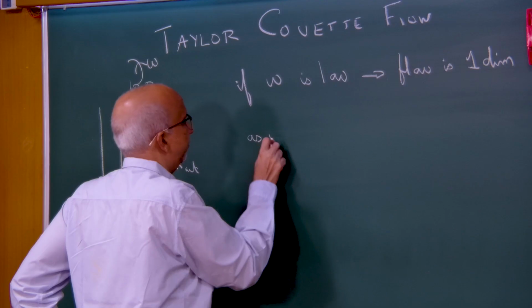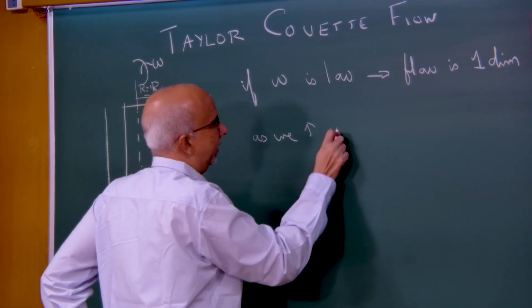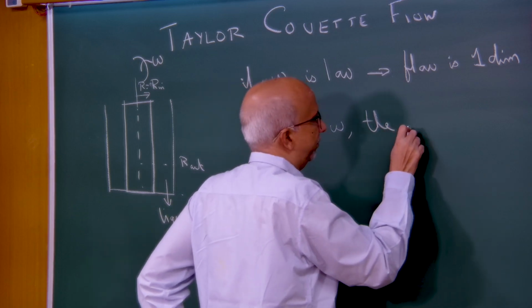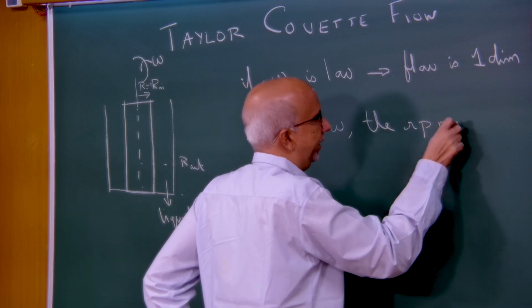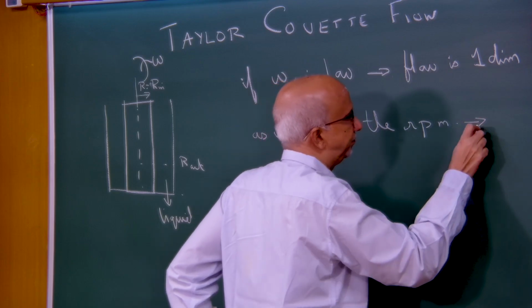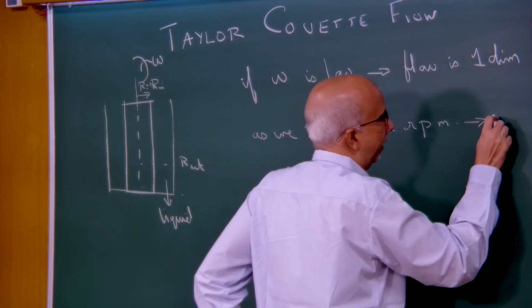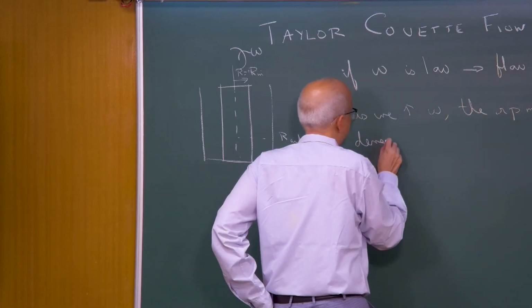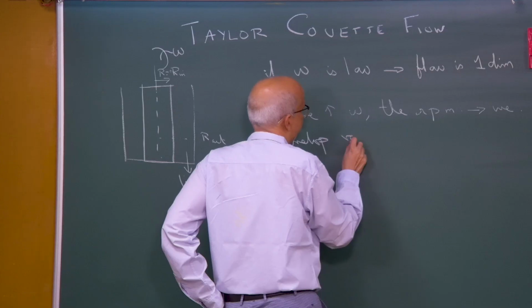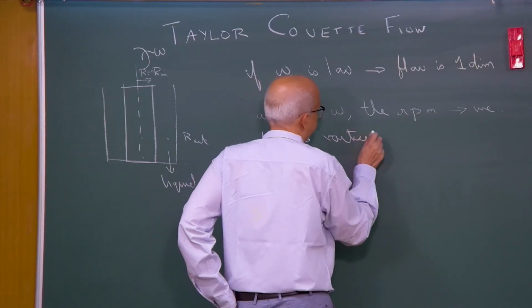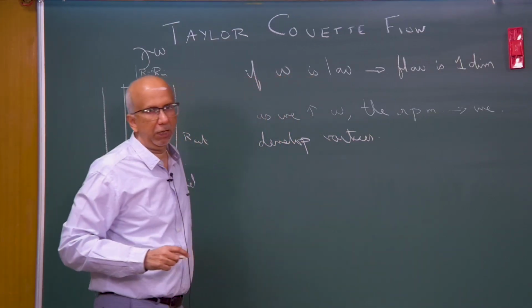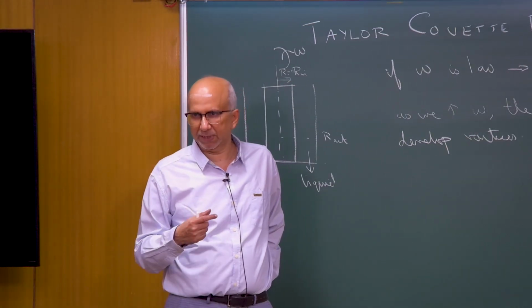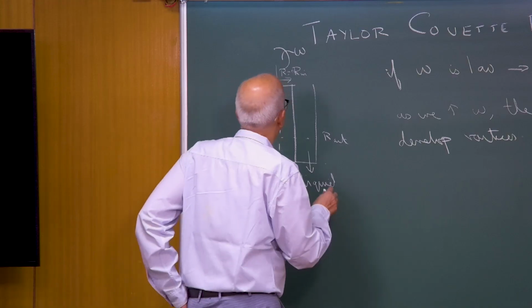As we increase omega, the RPM, okay, then the system develops vortices, okay. Now, I am just telling you this because this is again, like I said, a classical problem. What do I mean by vortices?